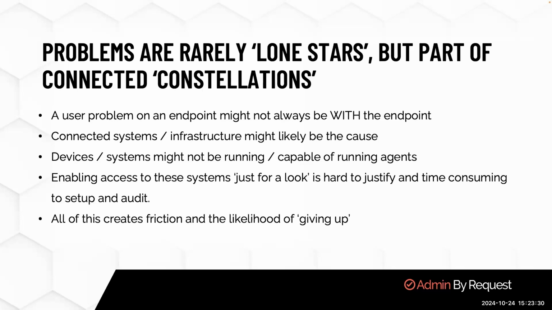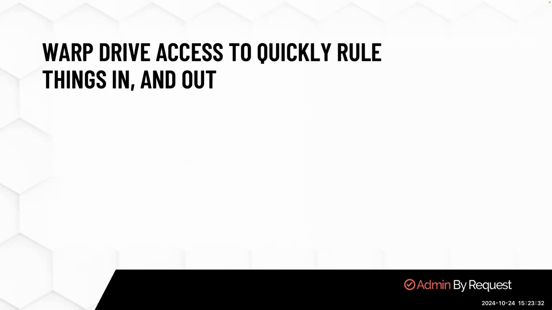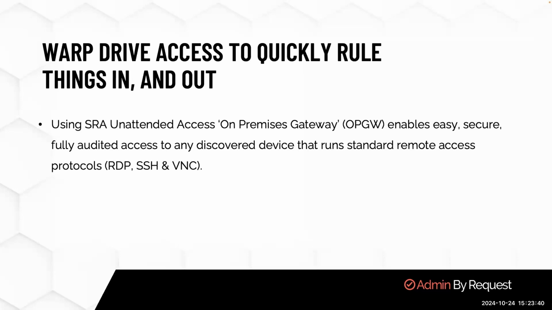So what we want to be able to enable is for technicians to be able to access these things that do not run agents. And we have a component of our secure remote access called an on-premises gateway, that you put on your subnet on any site you want to use it, and that can discover local devices.